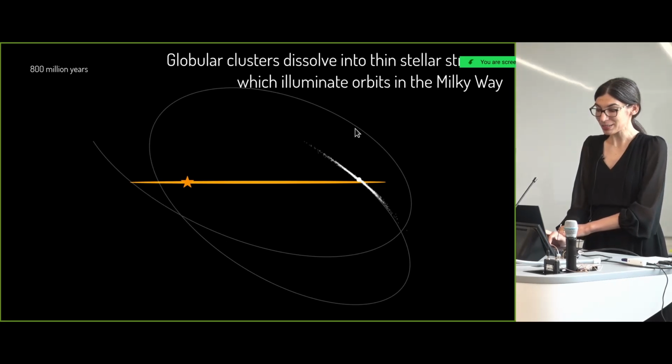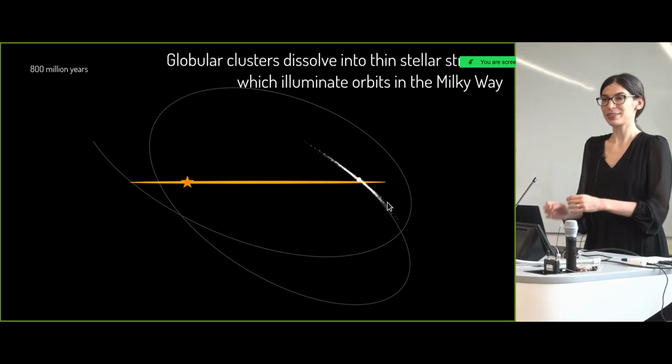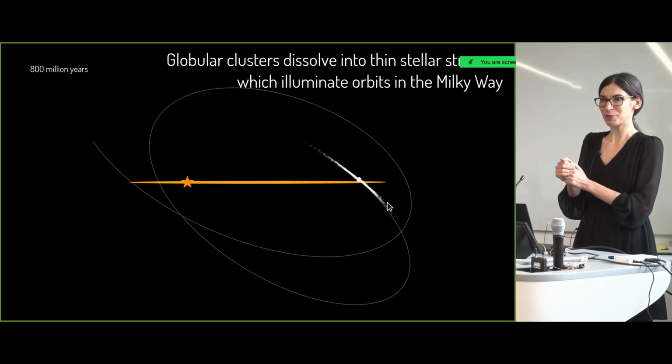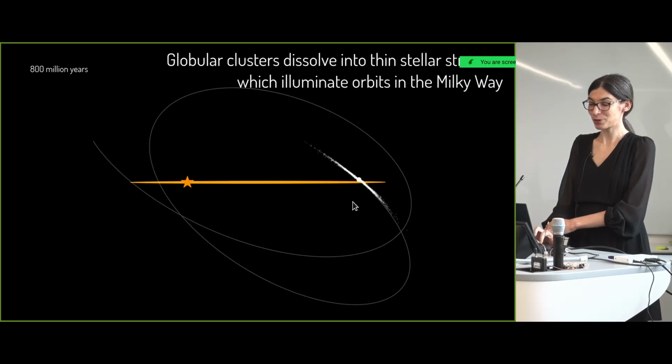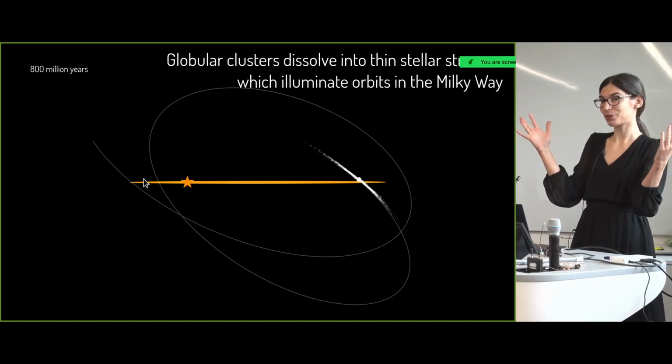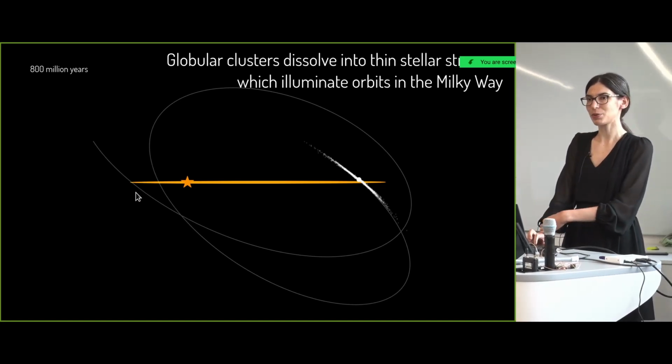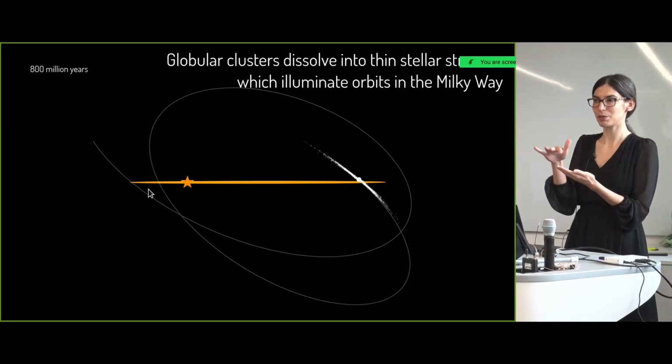So we think this stream in particular is better suited for studying the dark matter, or to put constraints on dark matter, because it only passes through the disk in this very outer region. So the pericenter is at 13 kpc, where we think that there shouldn't be much disk shocking.